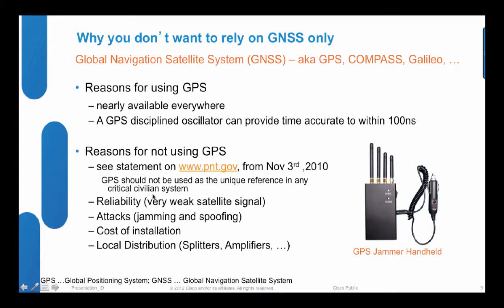Also, if there's a thundercloud above you, you may not get your signal from the GPS. So it's not recommended to deploy timing systems like this. This URL will take you to an example where it says that GPS should not be used as a unique reference in any critical civilian system.